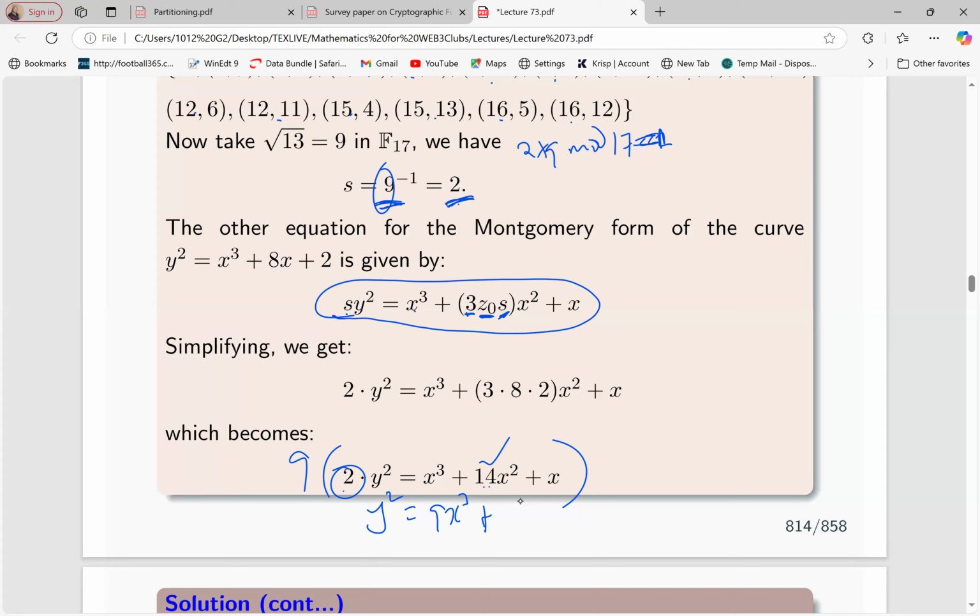Negative 27 plus 17 is negative 10, then plus 17 is 7.